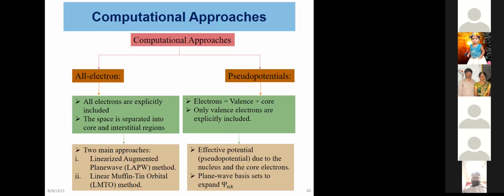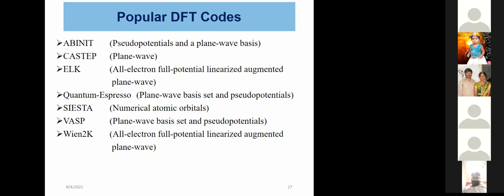Our wave function will be in the form of a plane wave, that is a constant term times exponential to the i k dot r. Okay, so there are a few different codes based on all electron methods and pseudo potential methods which are available, that is Abinit, Castep, ELK, Quantum Espresso, Siesta, VASP, Min2K. So these codes are based on different approaches to how we solve.